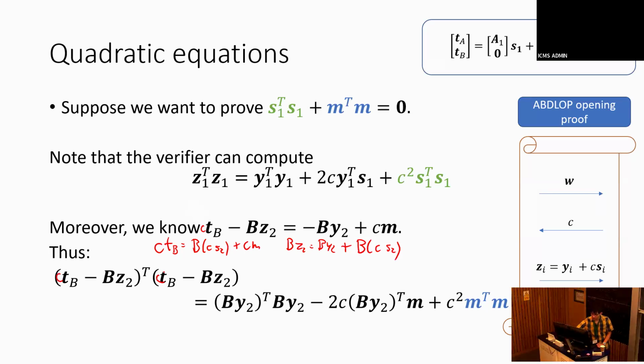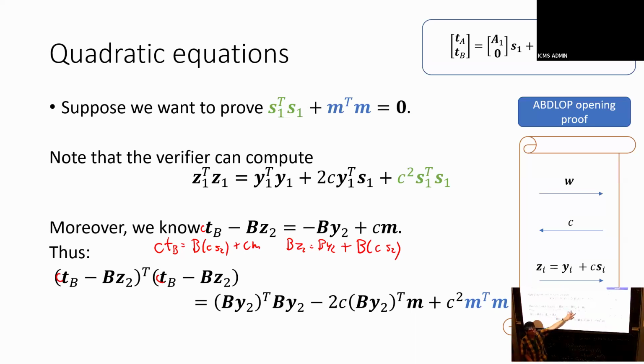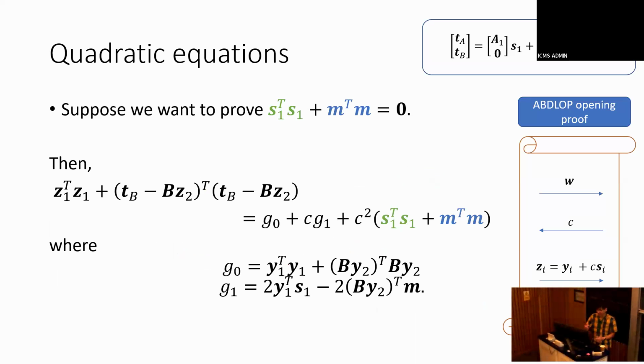So the idea is that if I multiply this term and use this property, then I do get a quadratic equation where the quadratic term is what we wanted, M transpose M. Oh no, is this typo going to propagate? Probably.